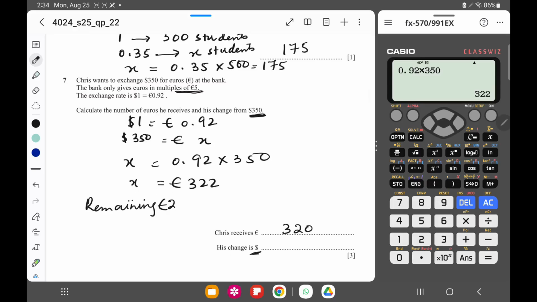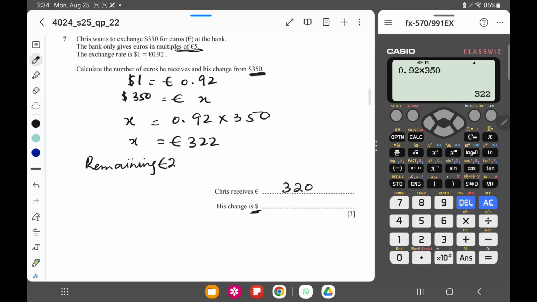We know that $1 is equal to 0.92 euros, and 2 euros left is how many dollars? Simply, 0.92x is equal to 2, so the amount in dollars is 2 upon 0.92.